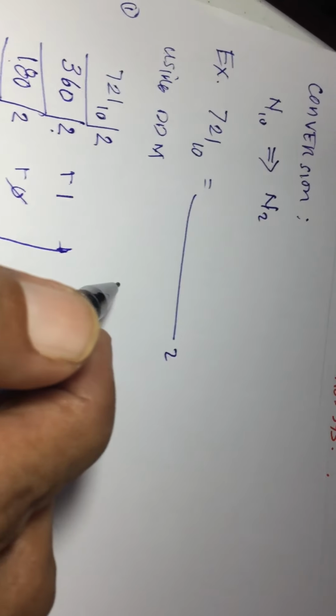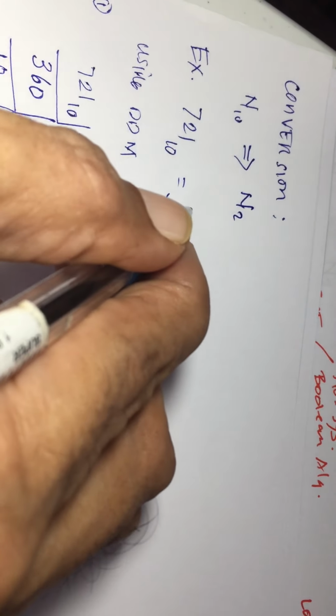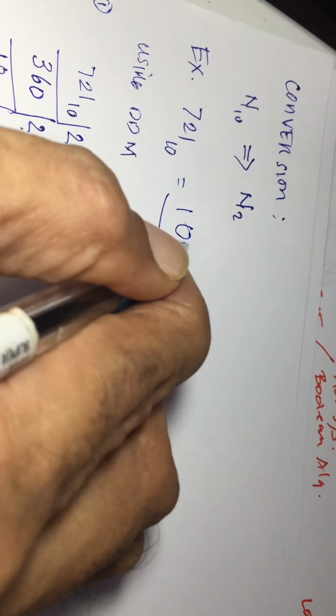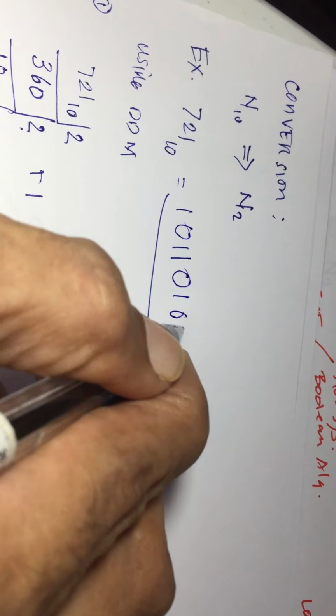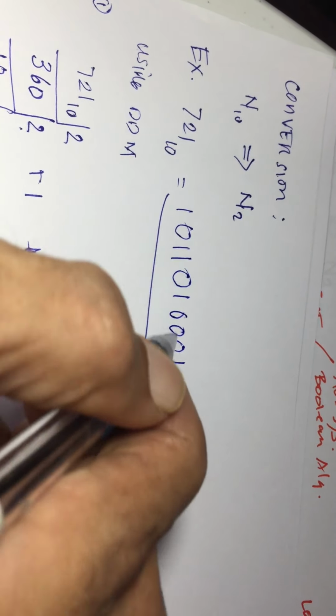Okay? So 721 is 1 0 1 1 0 1 0 0 0 1. Ayan.